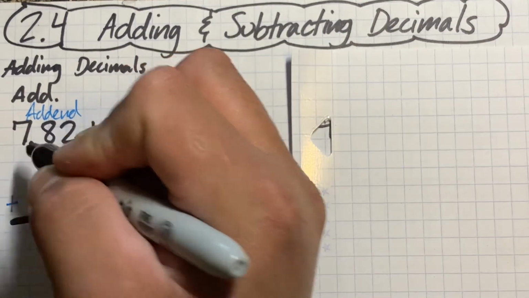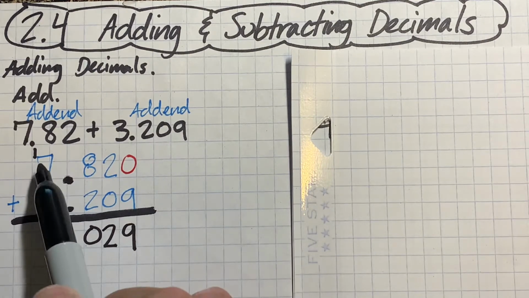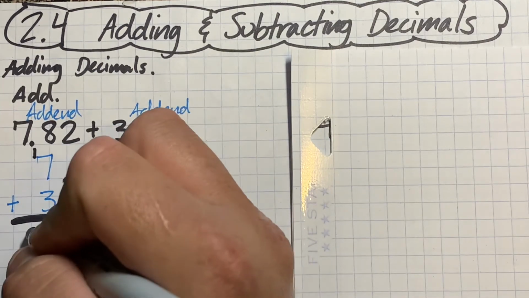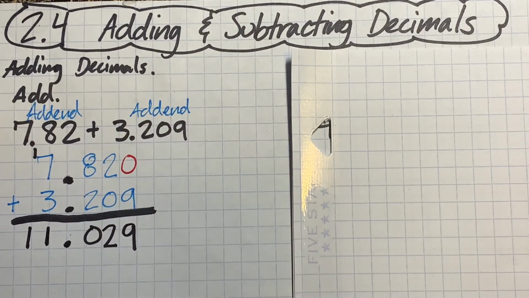Carry your 1. 7 plus 3 is 10, plus 1 is 11. And keep your decimal point, drop it down. Now 7 and 82 hundredths plus 3 and 209 thousandths is going to equal the sum 11 and 29 thousandths.